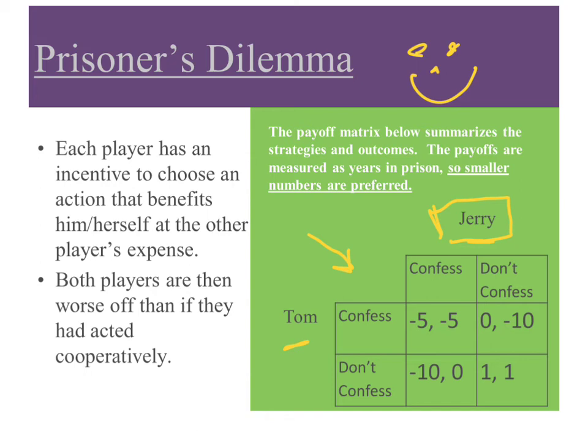Let's underline Jerry's payoffs here. Unlike the last game, where we had the payoffs measured in revenue dollars, in this case, with the prisoner's dilemma, we're looking at a situation between two prisoners. Let's imagine that Tom is in blue and his payoffs are going to be the first. We always take the player that's on the left and assume their payoffs are on the left.